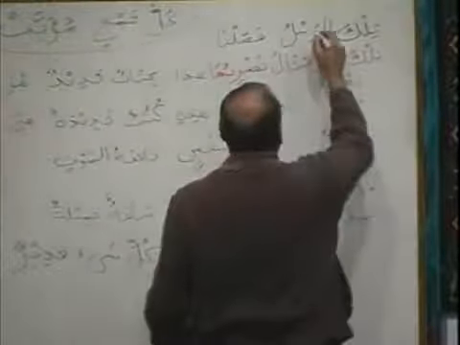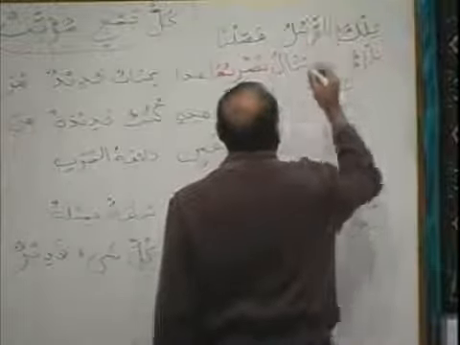Tilka al-amthalu. So tilka is mubtada, and what is al-amthalu? Badal. It is badal. So we go to ismu ishara. Tilka al-amthalu.